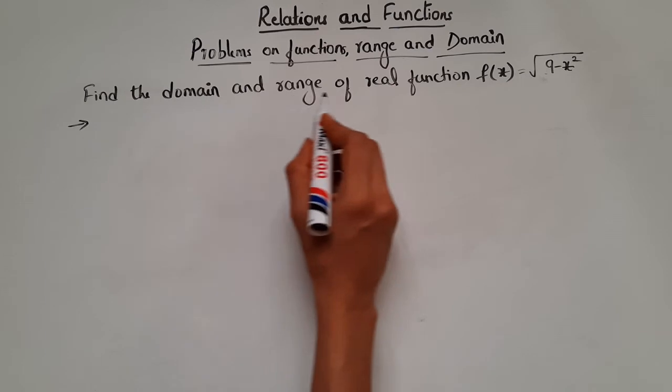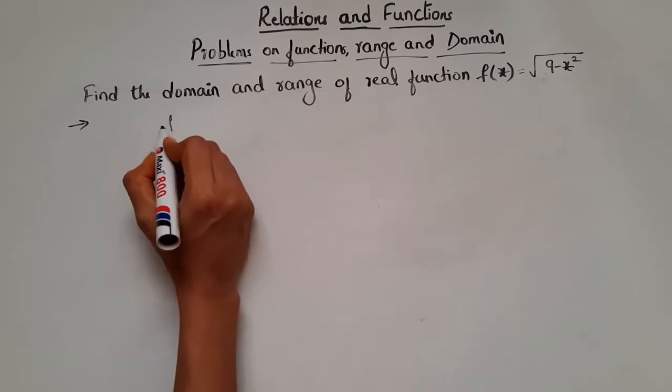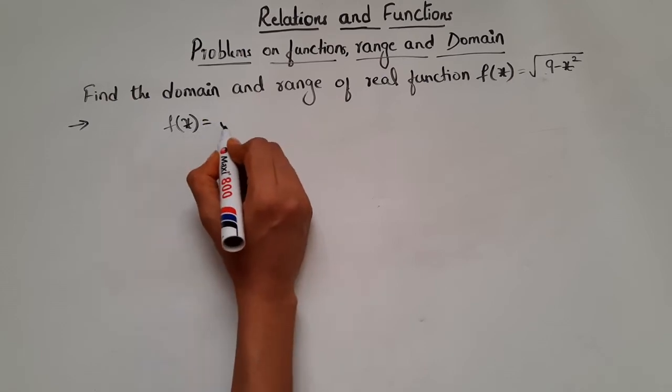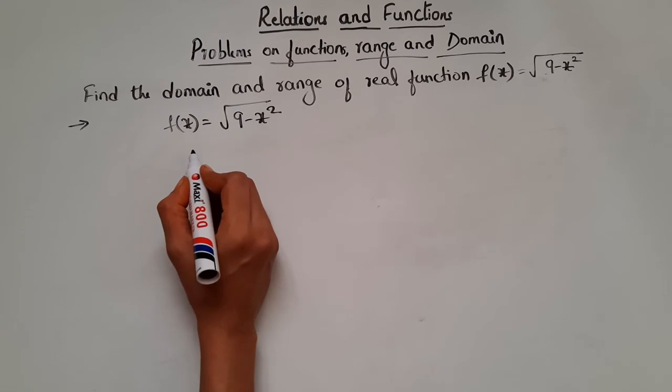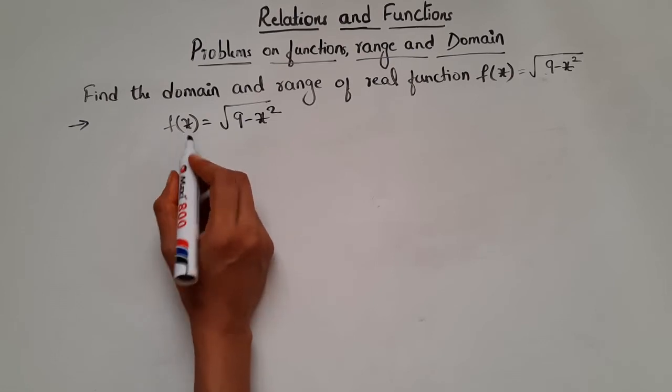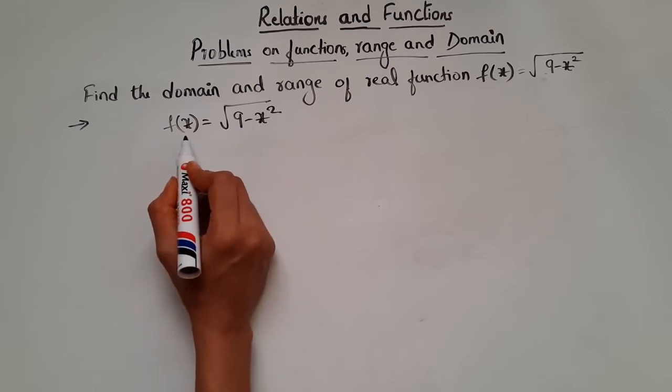It says find the domain and range of the real function f of x is equal to square root of 9 minus x square. Domain is nothing but the set of values of x at which the function is defined. For what all values of x will this function get a real value?